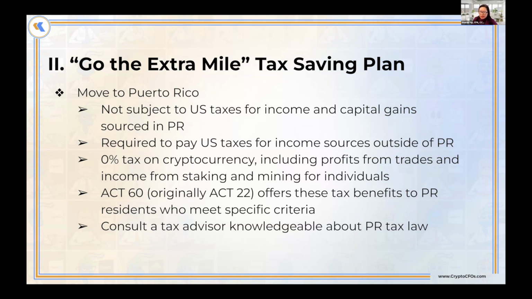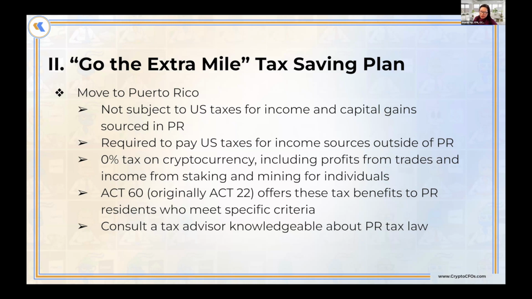What I mean is, let's say you bought crypto for $10,000, and now the price has increased so much, it's worth 100K. And so you say, okay, I'm just going to move to Puerto Rico, then sell the crypto in Puerto Rico, and I don't need to pay taxes, right?